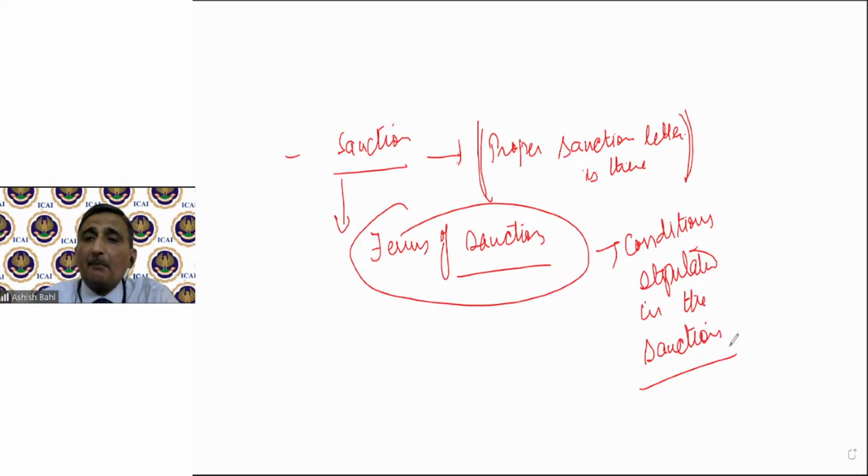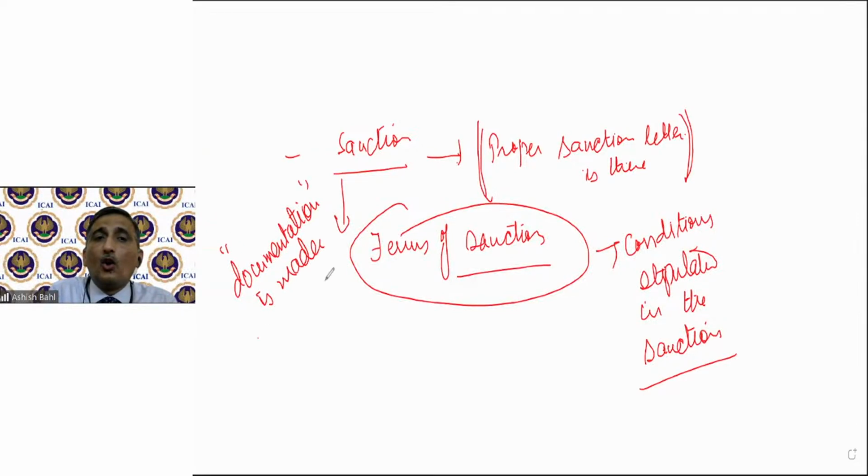And another important point relating to documentation. Now the auditor would see that documentation has been executed. Okay. Because unless documentation is made, no loans can be disbursed.